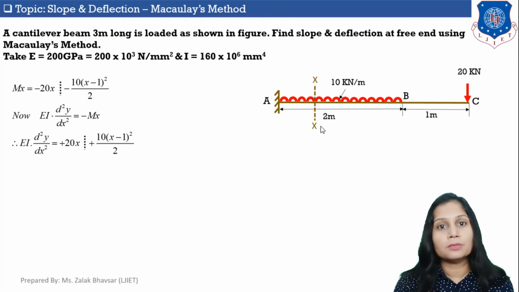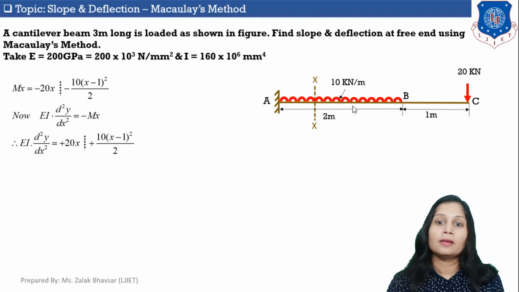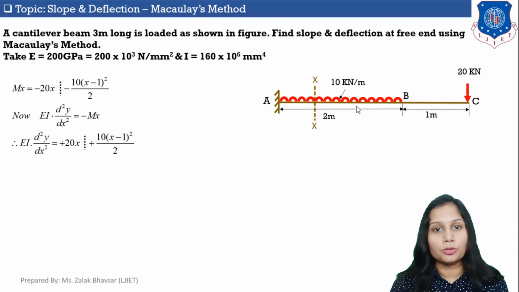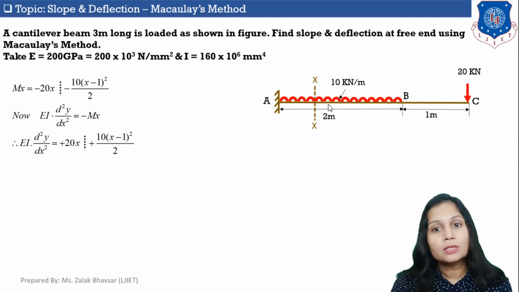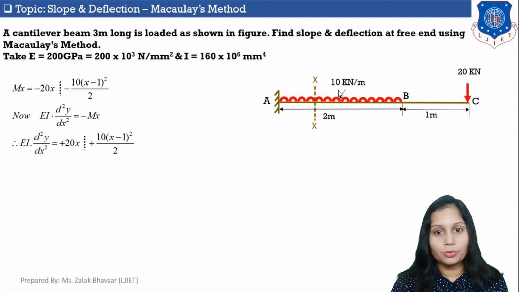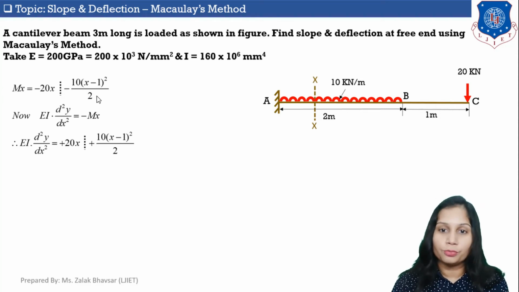So x minus 1 is the length of UDL between B and this line x-x. And distance at which this UDL is acting will be equal to (x minus 1) by 2. So the moment of this UDL about this x-x section will be 10 (x minus 1) square by 2.